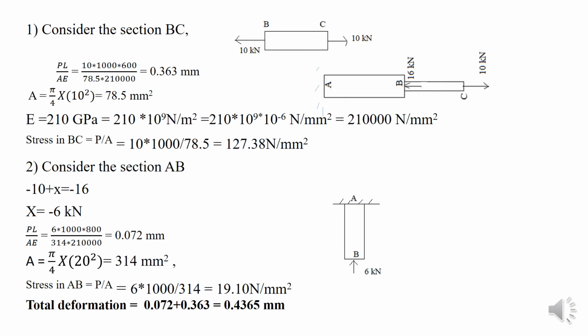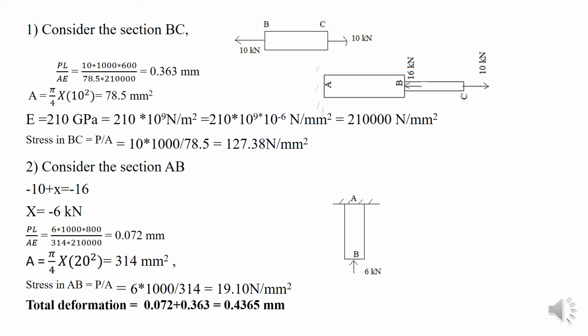Consider the section BC. Here you can see the section BC, which I individually represented. It is 10 kilonewton acting on the right side, so the same load will be acting towards our left side. The deformation delta L is equal to PL by AE, where P is equal to 10 kilonewton. So 10 into 1000 into 600 divided by A into E. All these values are given, so the delta value will be equal to 0.363 mm.